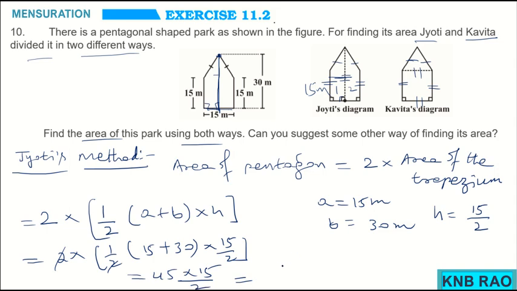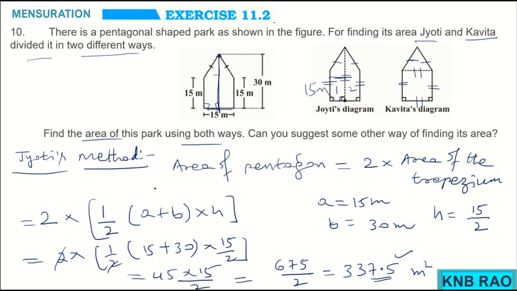So the product of 45 and 15 we will find out. 45 into 15 is 675 by 2. Divided by 2, it is 337.5 meter square, which is the area of this pentagon according to Jyoti's method.